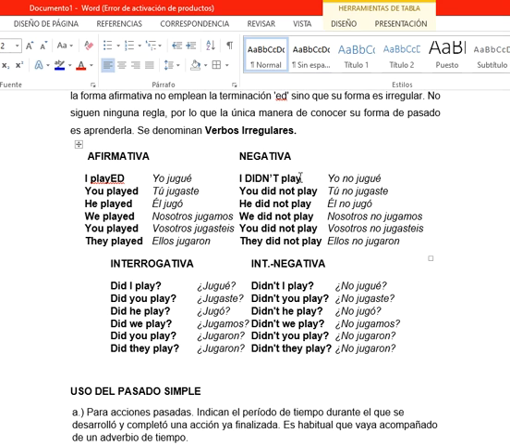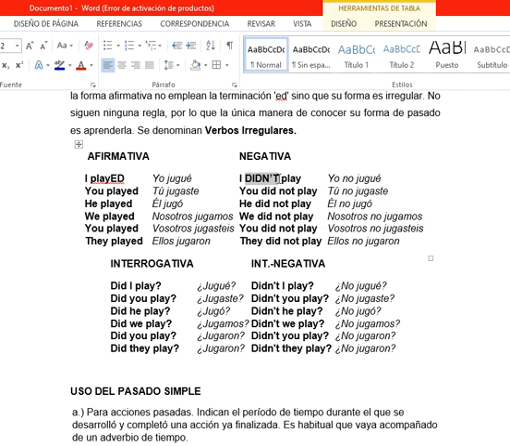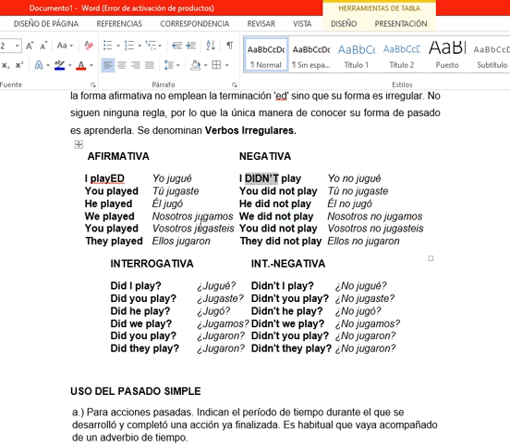But take into account that in this case we cannot put ed, it is incorrect. We have to put the verb in the infinitive form because we already have this negative word, which is going to tell us that this sentence is in past. Take that into account, guys.